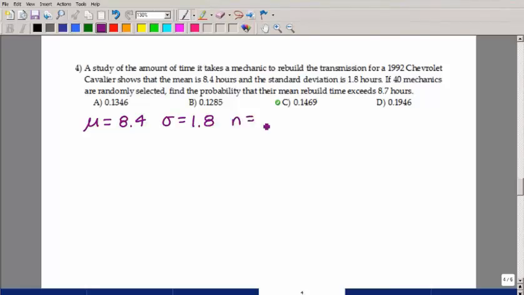If 40 mechanics are randomly selected, find the probability that their mean rebuild time exceeds 8.7 hours. Once again, the two key things: we're selecting 40 mechanics, not just one mechanic, and finding the probability that their time is an average of those 40 mechanics. And also, once again, the word mean appears.